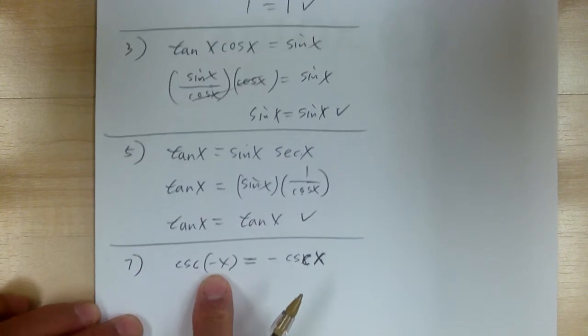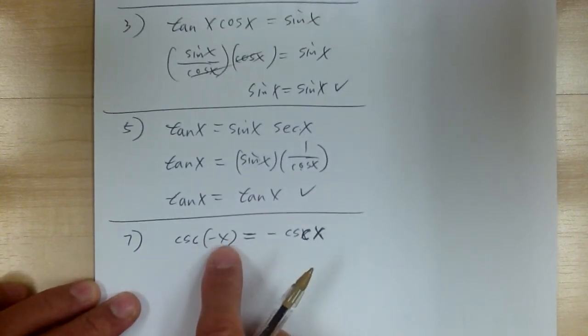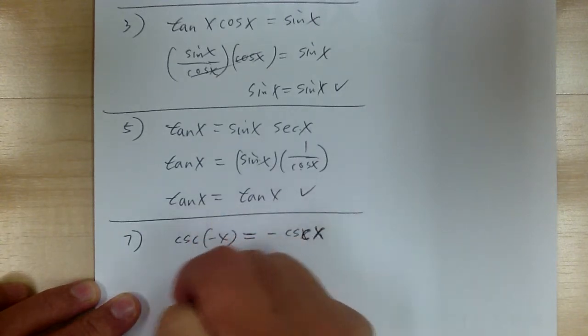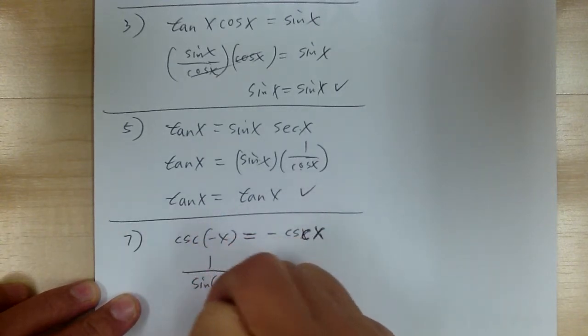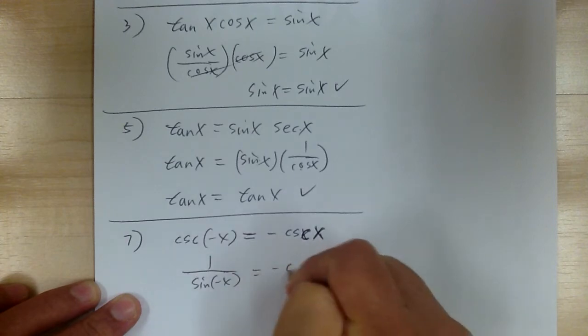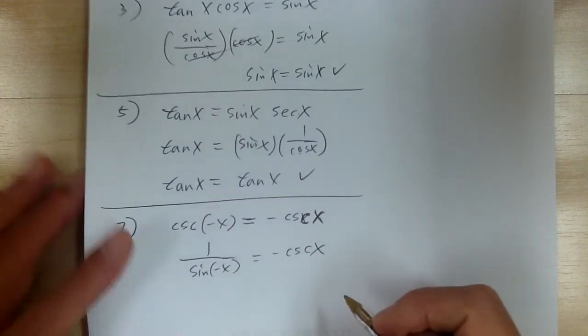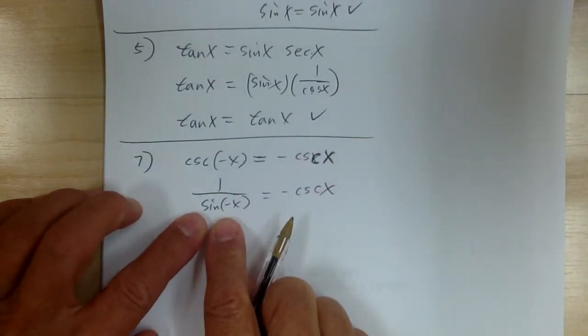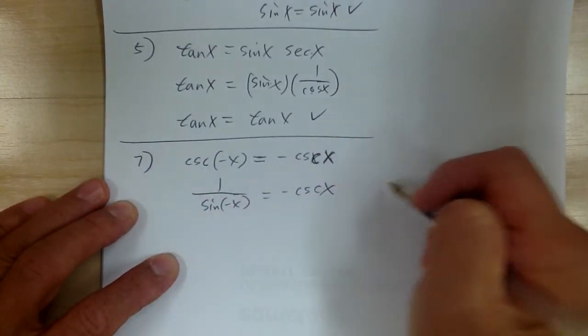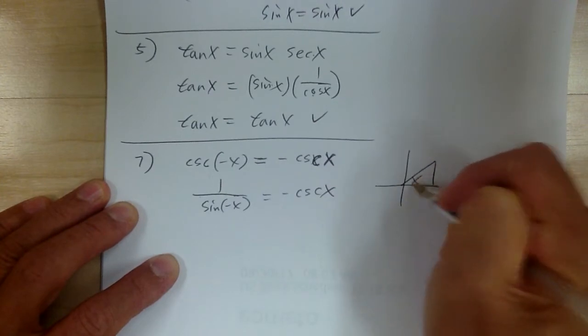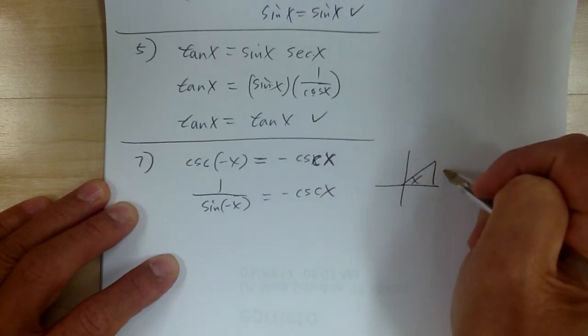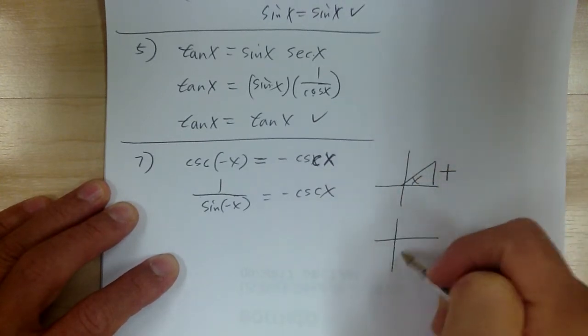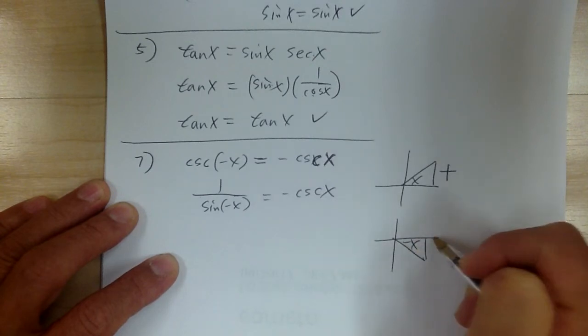When you're going to simplify, you convert into sine and cosine. Cosecant came from sine. So this is 1 over sine of negative x. And from your negative identity, the sine of negative x, if you don't remember, this is x. Here's your sine, so it's positive. Whereas your negative angle, here's your negative x, and this is negative.